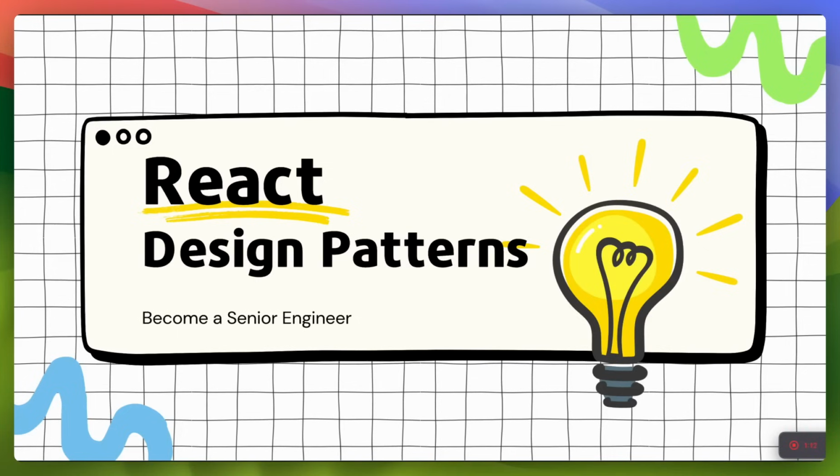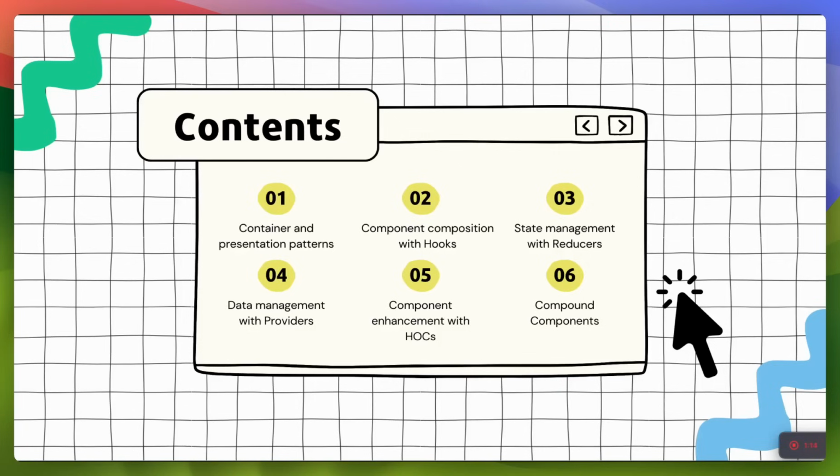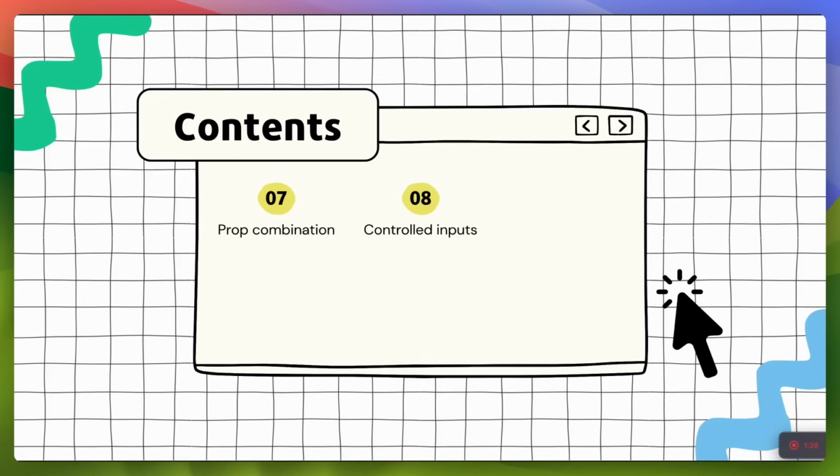So, in this video, we are going to cover 8 design patterns which you can learn today and level up your skills professionally and advance in your career. Right? So, without wasting any time, let's see the first design pattern.